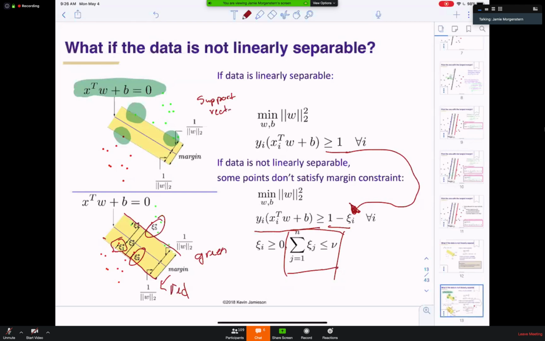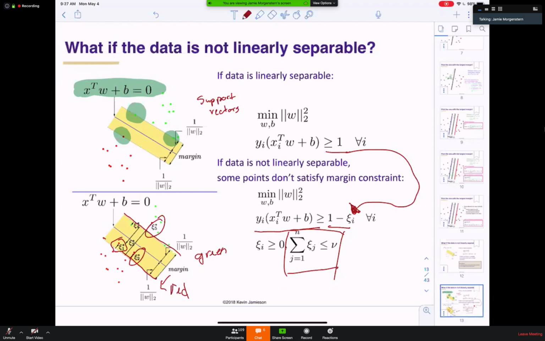Okay? And the point is that if those points were to move closer to the decision boundary or further away from the decision boundary, they might actually change the margin maximizing decision rule.